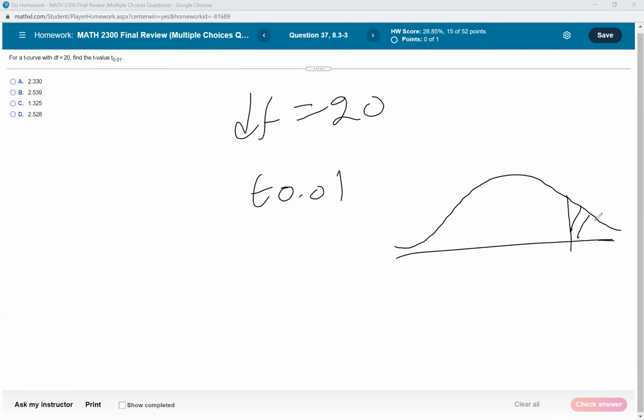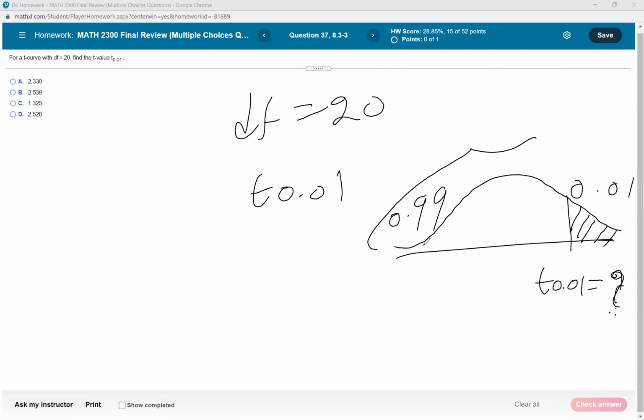We are given this area is 0.01, so we need to find this t value. This area will then be 0.99. So you have the degrees of freedom and you know the area on the right side of this t value, which is 0.01. So from the t table, you can find the t value.